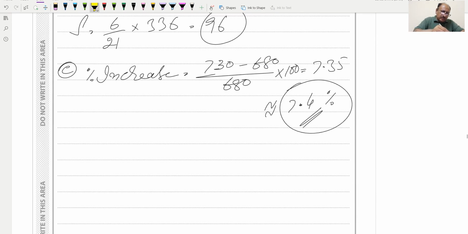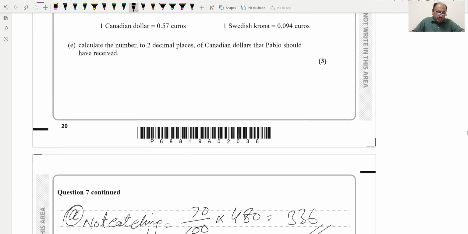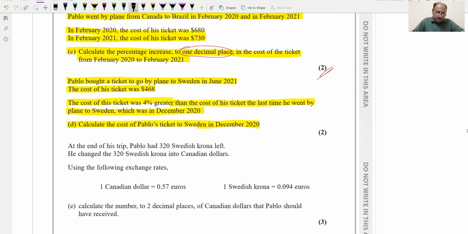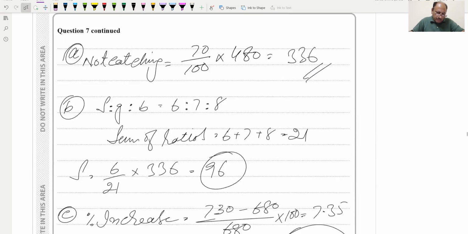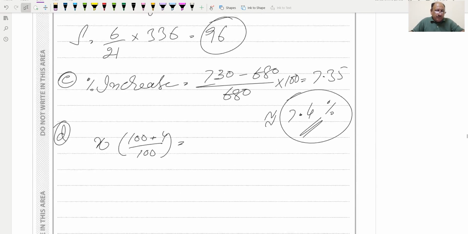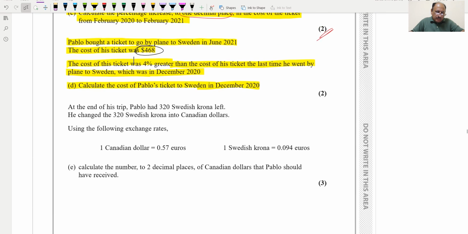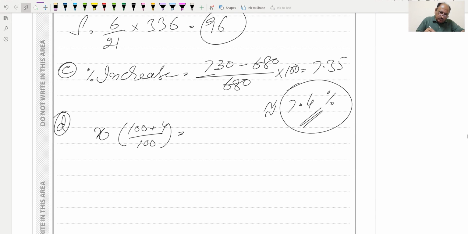We don't know the original price, so 104% of X is equal to 468, since the cost of this ticket in 2021 was $468.